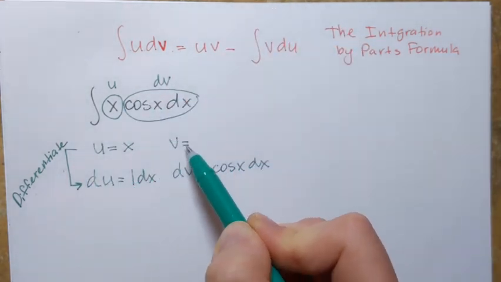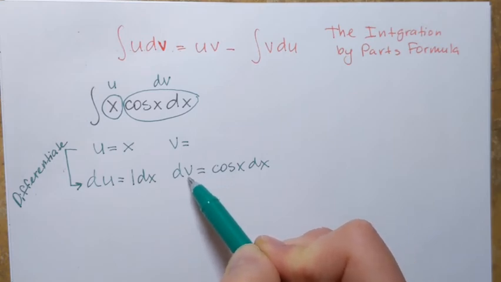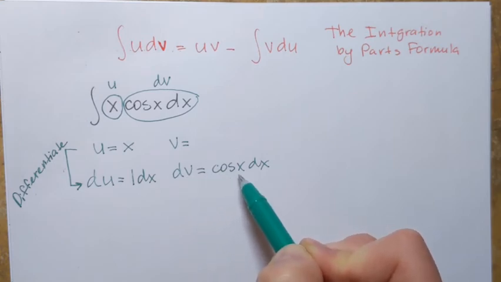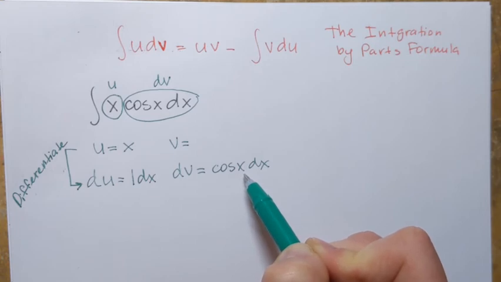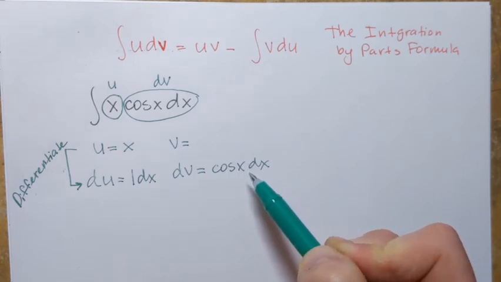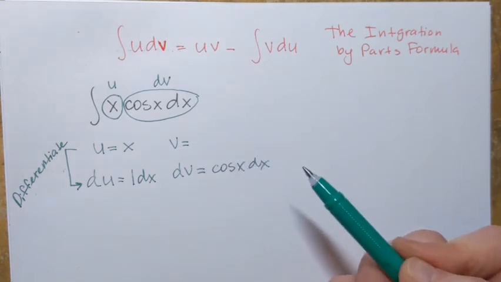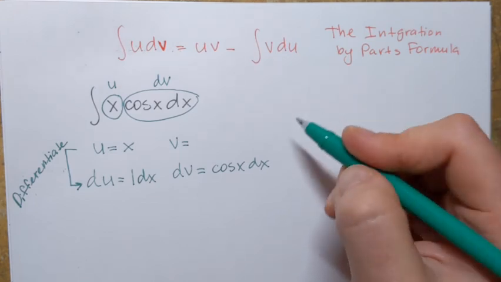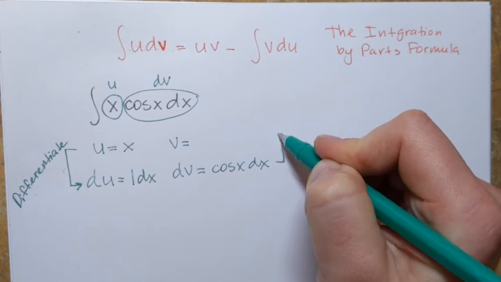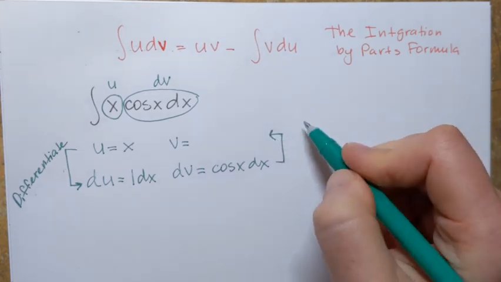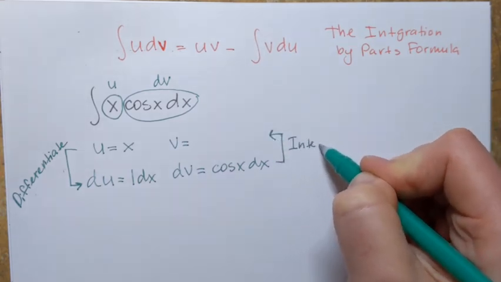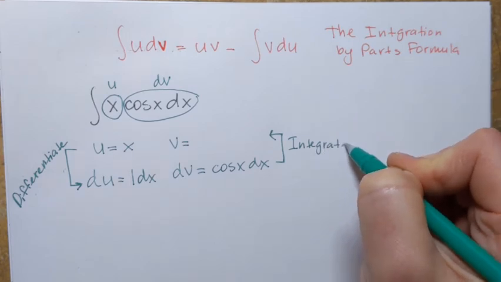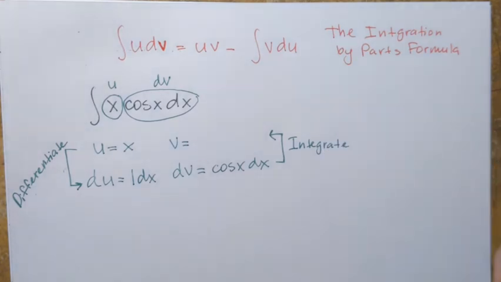Now, how do we obtain v? Well, we know dv, right? We know that the derivative of v is cosine x. If we know the derivative, how do we find the function itself? We need to find the antiderivative, which is the same as to integrate. So going that way, to find v, we'll need to integrate, in other words, find the antiderivative.